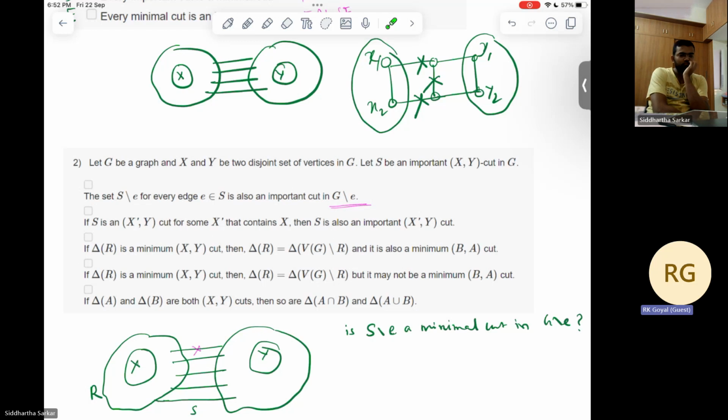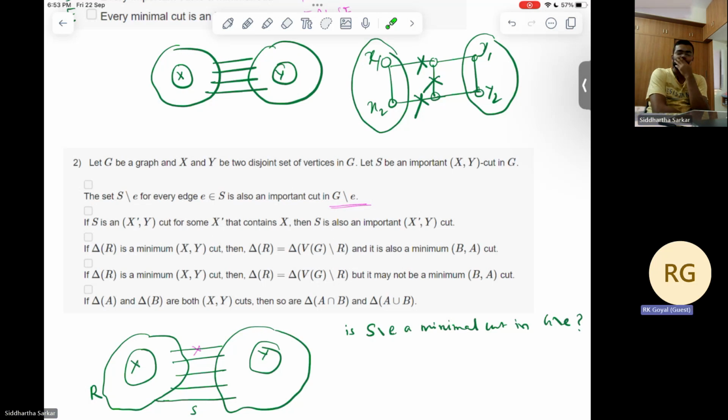If S is the minimal cut of G, then if I remove one more edge from this S, it is not necessary, because it depends on the interdynamics of the connectivity between X and Y. It may be possible that the cardinality of S minus 1 would be the minimal cut of G minus E, but it is not necessary that the edge has to be E only.